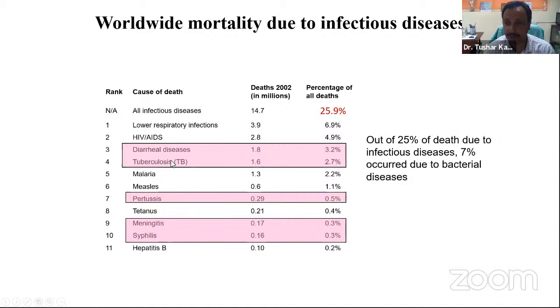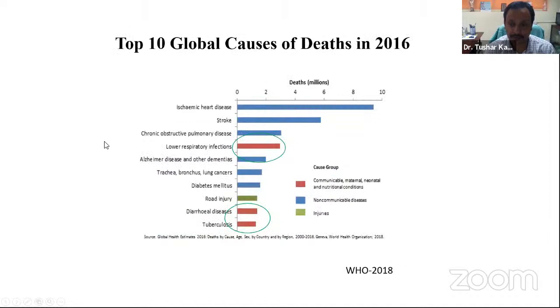Tuberculosis is one of the highest killers among the bacterial diseases, and it is here in the 4th position.